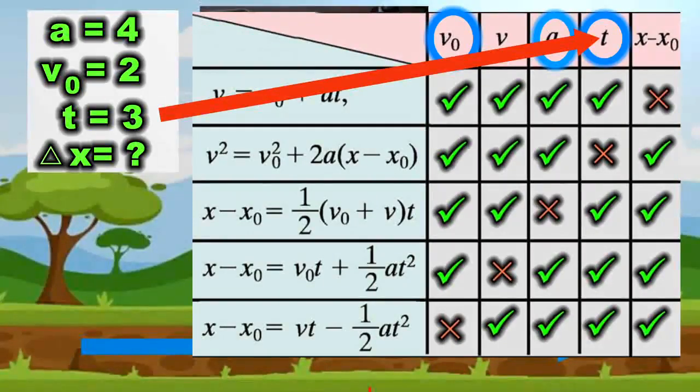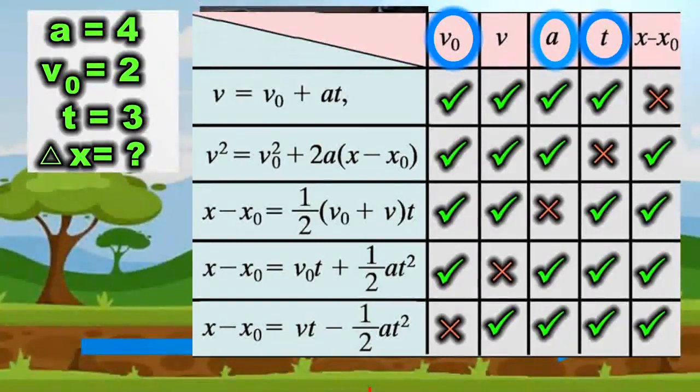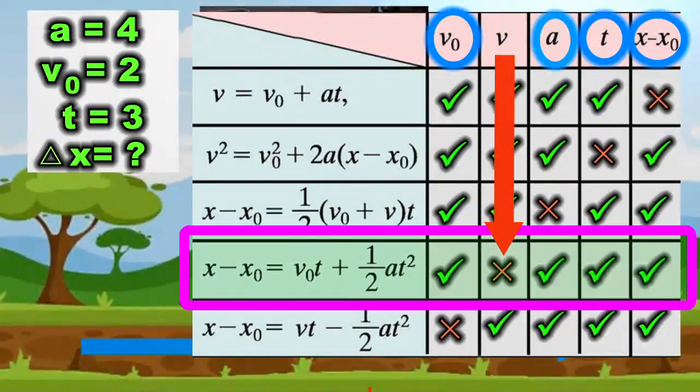Time is 3 seconds. So far 3 variables have been identified, and the fourth quantity is the displacement, that we must calculate. So 4 quantities are identified. Now we have to find the right formula. If you are careful, the final velocity variable is not required, then the appropriate formula is this.